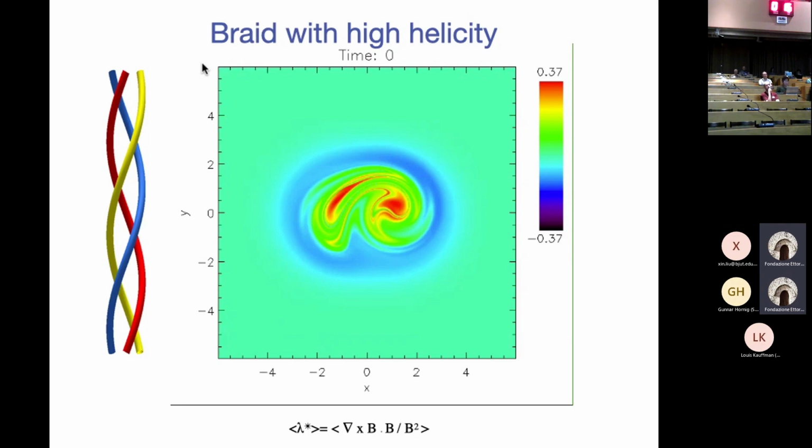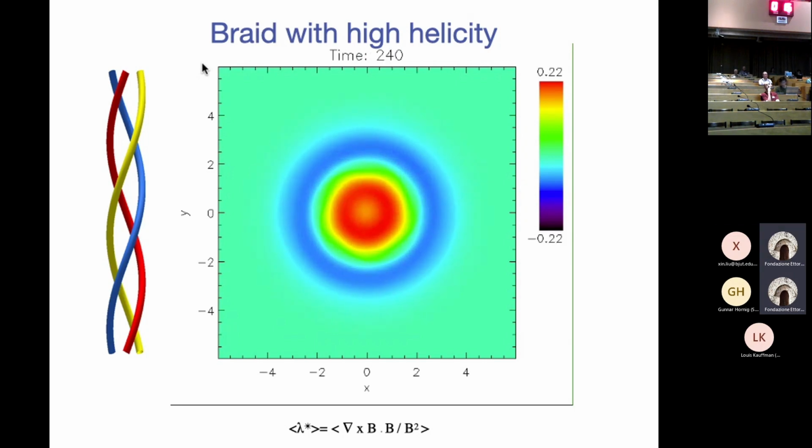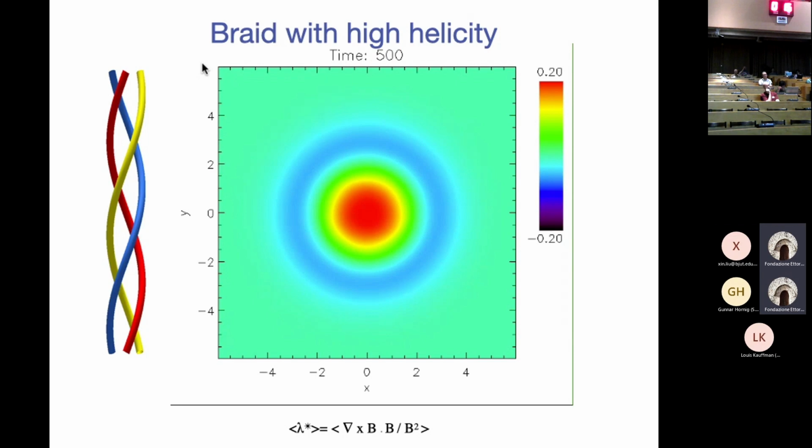Now we have positive helicity, and what happens is something which is still not a linear force-free field, but kind of closer. So first of all, it has the right symmetry. It has now an axisymmetric configuration as a final state. And second, one could, with a bit of goodwill, identify the inner region as roughly constant lambda. So the relaxation has maybe partially worked, and there's still a problem towards the outside.